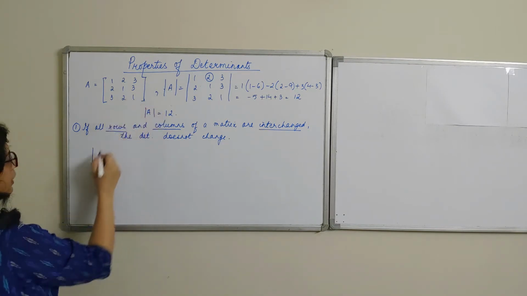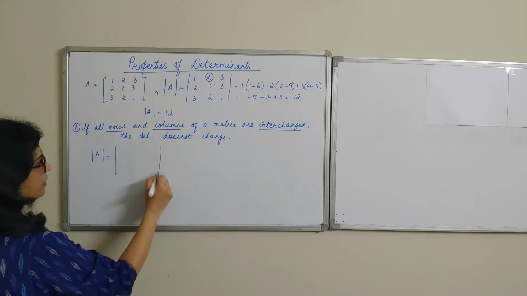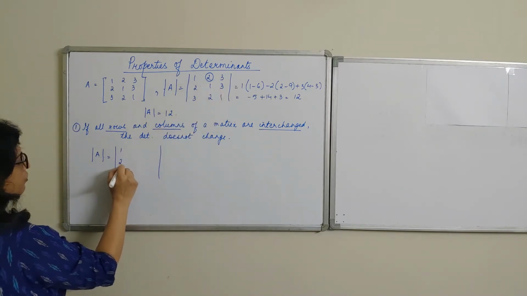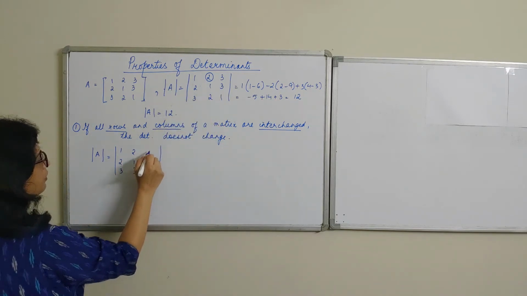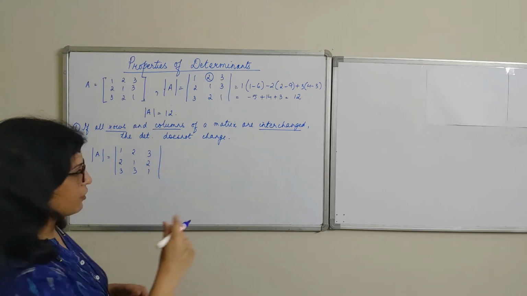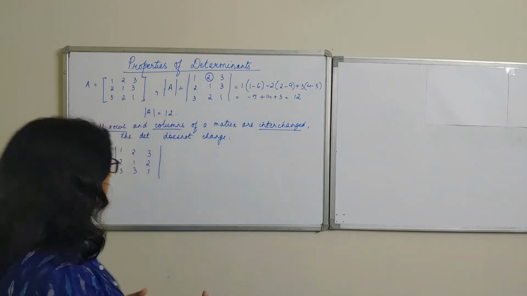So this is the initial matrix A. If we find out the determinant of the matrix after interchanging rows and columns, that means the first row is first column, the second row is second column, and the third row is third column. So it is important to note that the first row changes into first column only and not the second column.